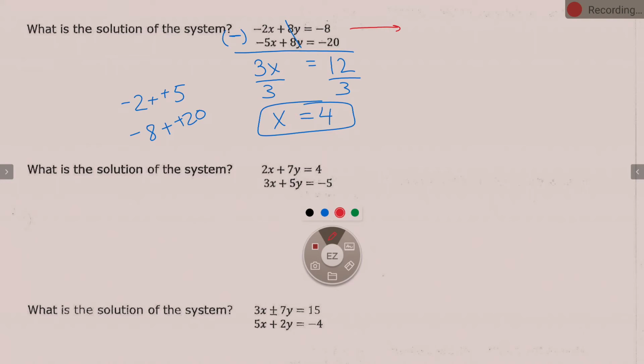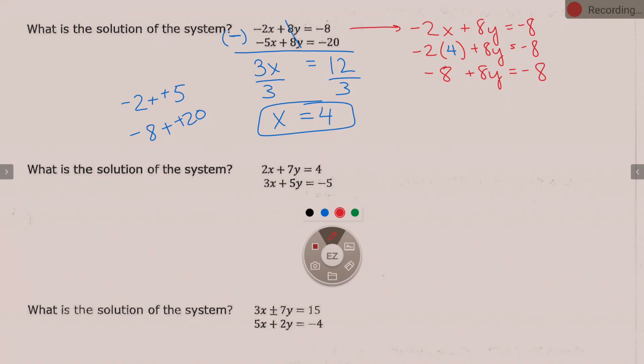So we have negative 2x plus 8y equals negative 8. Negative 2x, which is 4, plus 8y equals negative 8. Negative 2 times 4 is negative 8, plus 8y equals negative 8.